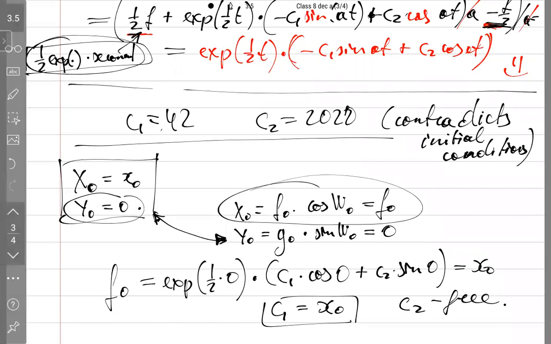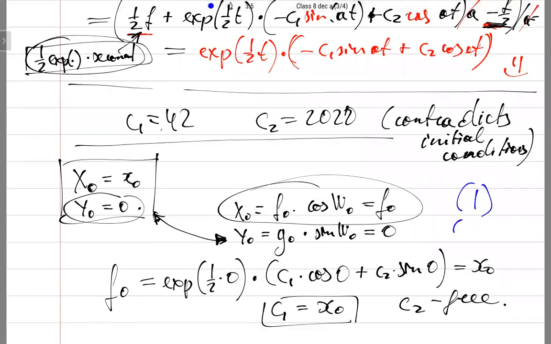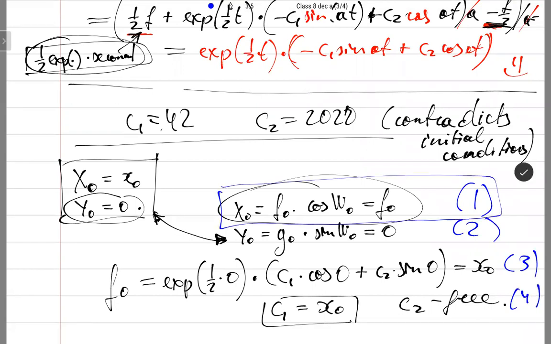So let's start with first, then second, then third, then fourth. Start with the first equation. Is it okay? So x0 is f0. Why is it so?